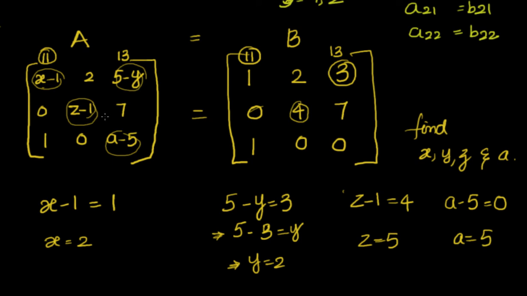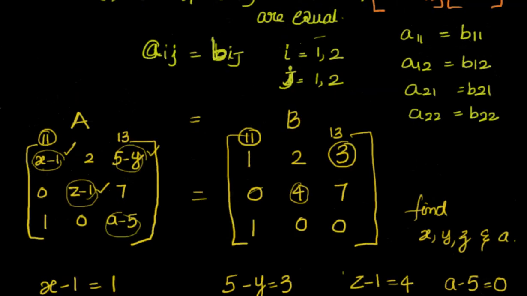Let's substitute and check. x minus 1 with x equal to 2, 2 minus 1 is 1, that is fine. 5 minus y equal to 3, y equal to 2, 5 minus 2 equals 3, that's fine. z minus 1 is 4, z is 5, 5 minus 1 is 4, that's fine. A minus 5 is 0, if a equal to 5, a minus 5 is 0.